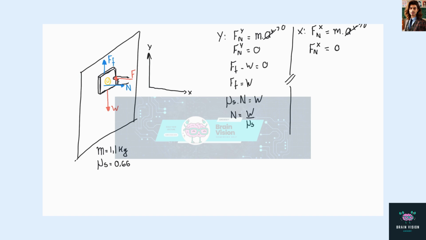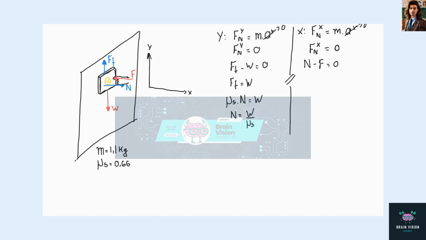But the net force in this direction is given by two forces: the force that is pressing the picture against the wall and the normal force. The normal force is pointing outside the wall, therefore it's positive, and the force pressing the picture against the wall is pointing to the inside, then it's negative, and this is equal to 0.